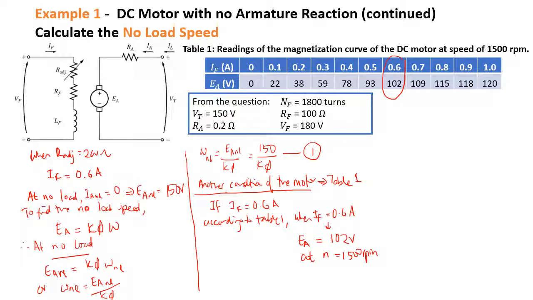We're going to call this EA0 and N0. According to our equation, EA is equal to K flux omega, so EA0 is equal to K flux omega 0.